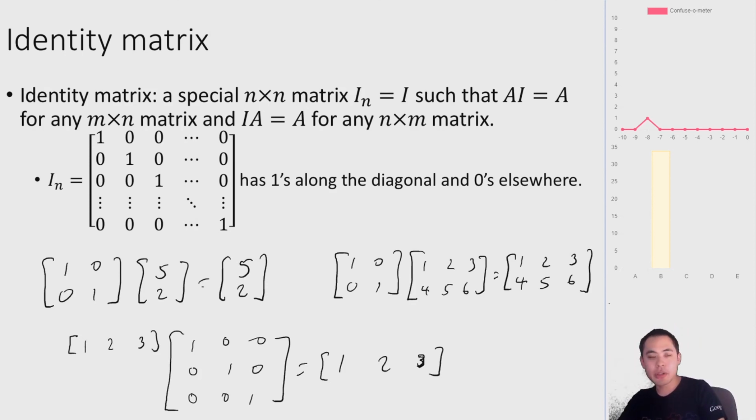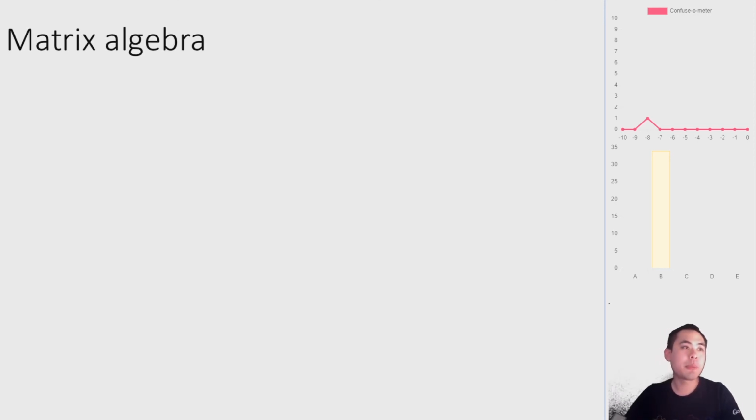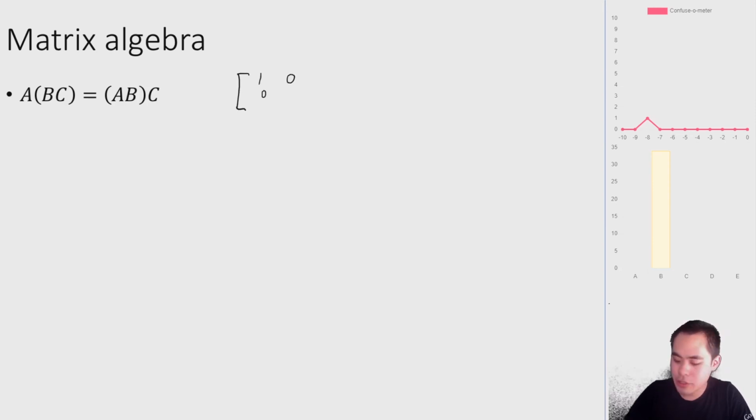And there are a couple other properties of matrix algebra which we should go through. One is that if you multiply things together, it doesn't matter what order you multiply them in, the grouping. So if you have [1, 0; 0, -1], [1, 2; 3, 4], and [5; 6], you can multiply them in two different orders, right?